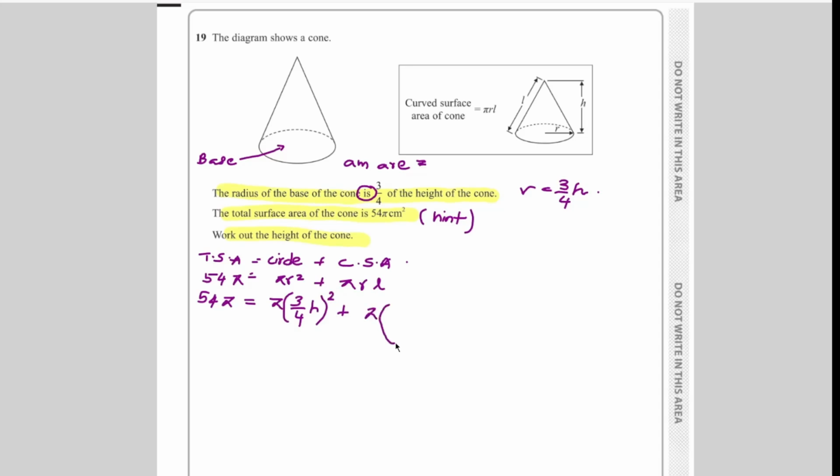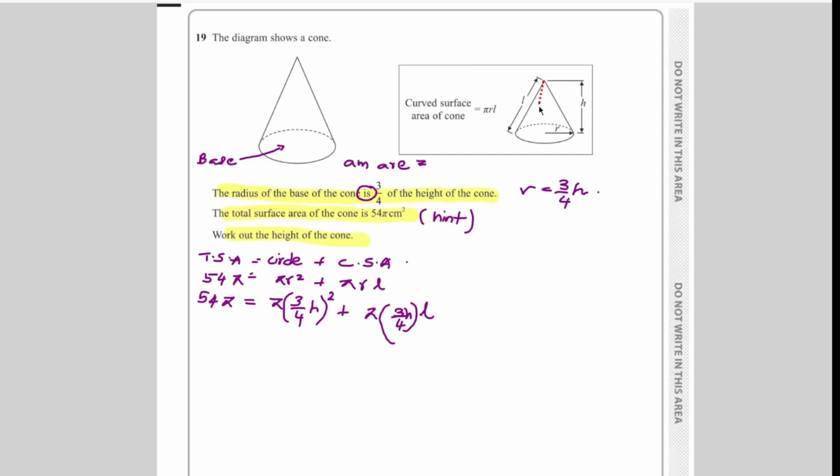Again I am having r, which is 3/4h, and L. Now again we have an unwanted one, which is L, because we can't get what h is with this L. Now our goal is to get rid of L. How do we get rid of L?